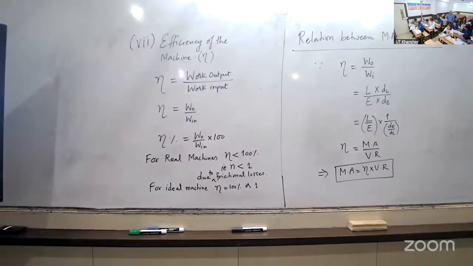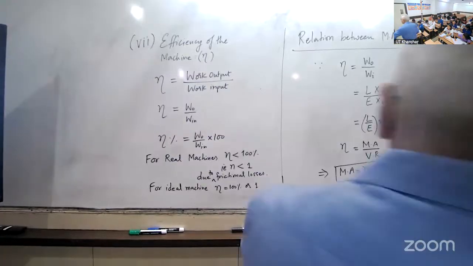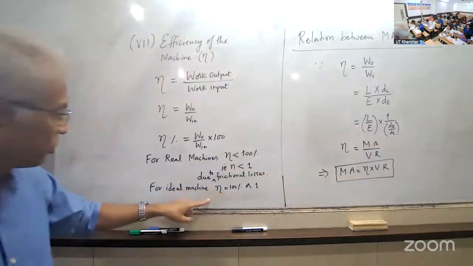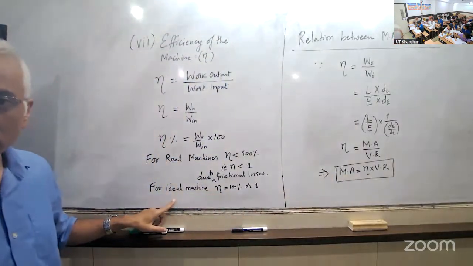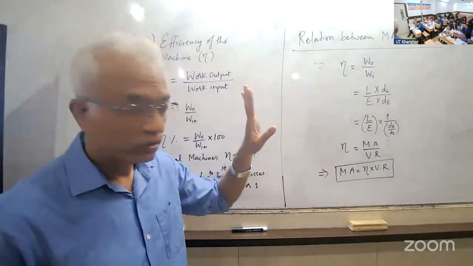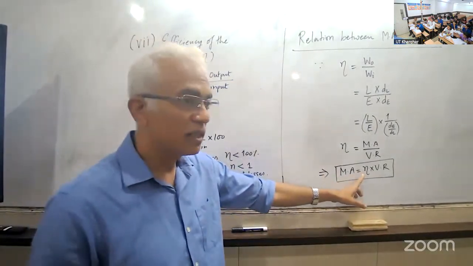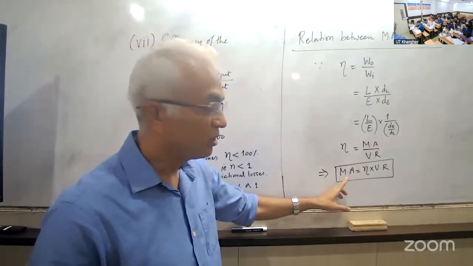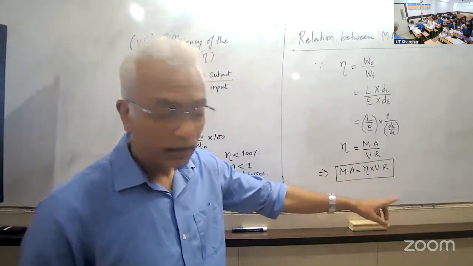So what do you conclude from this? Since efficiency is equal to 1 only for ideal machine, MA will be equal to VR only for ideal machine. For all other cases, efficiency is less than 1, and therefore MA will be less than VR, right?